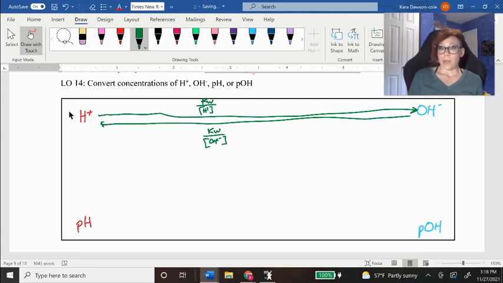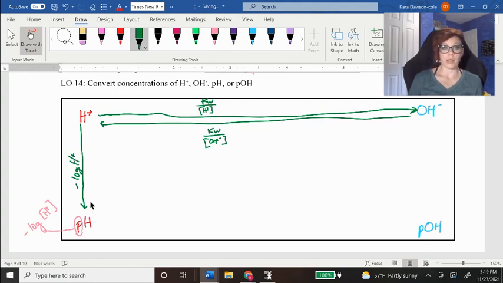H plus to pH. P stands for negative log. So pH is the negative log of the concentration of H plus. If you're moving from H plus to pH, you're going to take the negative log of your H plus concentration.